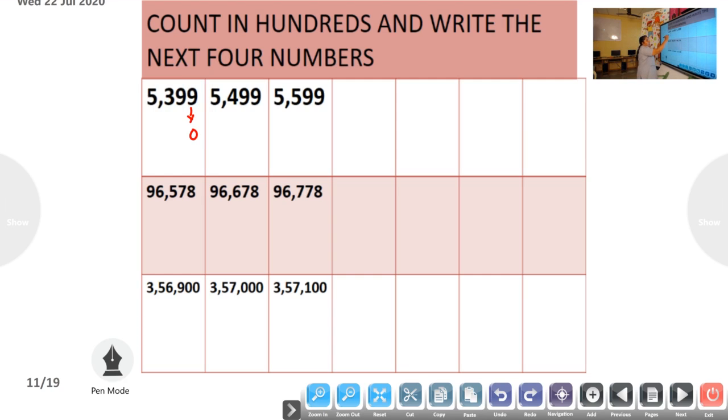This is your ones place. This is the tens place. This is the hundreds. The other digits remain the same, only the hundreds place changes. Is it clear? Count in hundreds means you have to change the digit in the hundreds place.